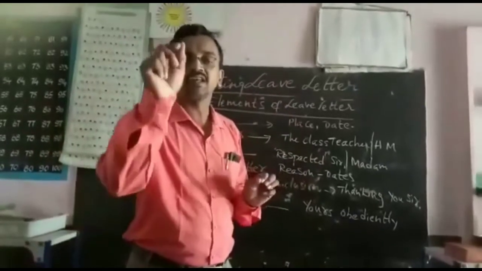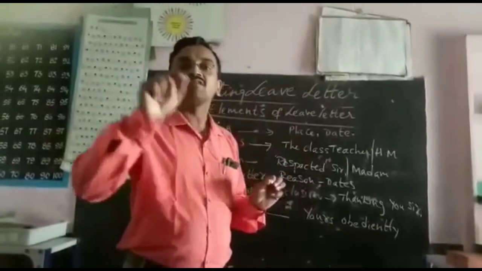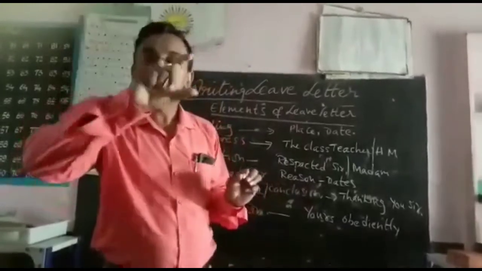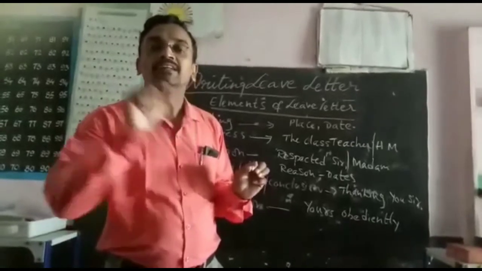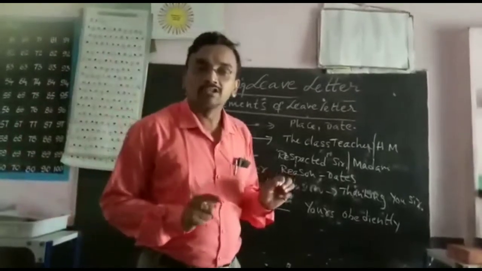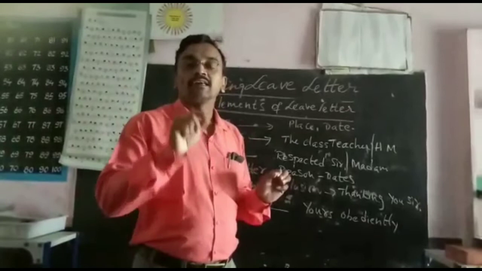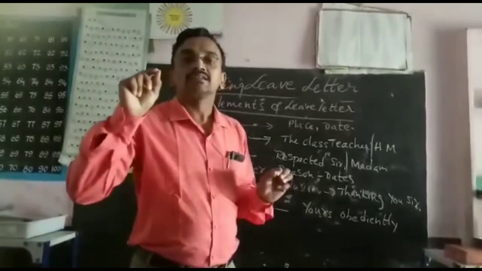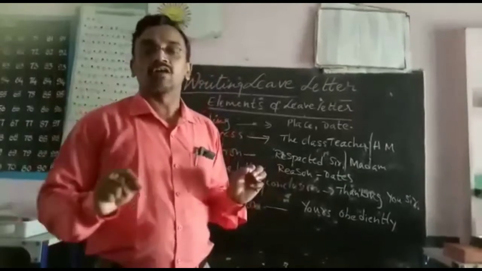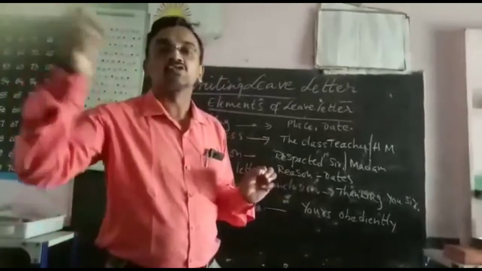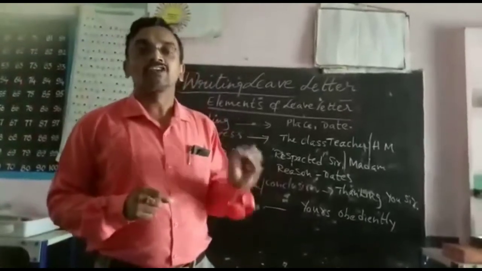The reason should be very clear. The dates of taking your leave should be very clear, there should be no grammatical errors, and it should be neatly written, because the content should be understood by the receiver. That is why it should be short and simple.